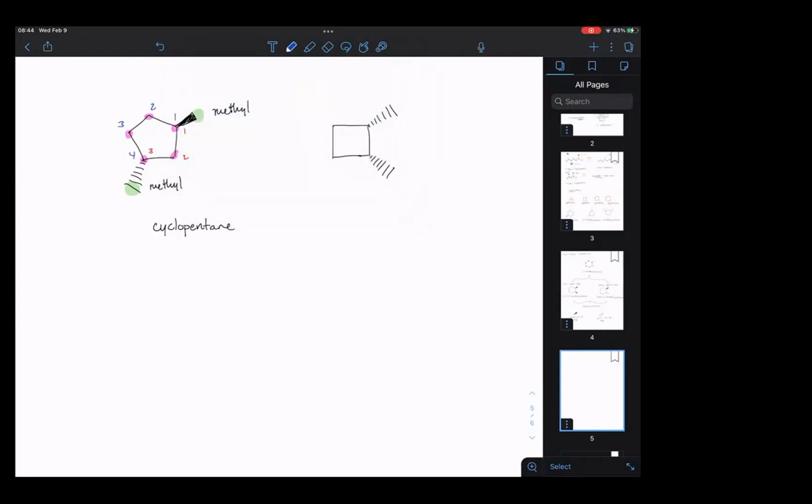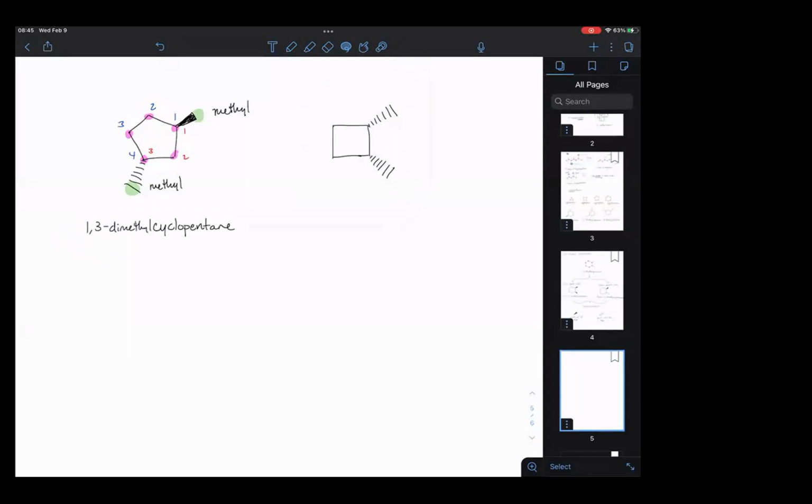Now the blue numbering scheme gives me bigger numbers, so I'm going to stick with the 1, 3, the red numbering scheme. So we have 1,3-dimethylcyclopentane. And now to complete this, I'm going to look at the stereochemistry of the molecule.